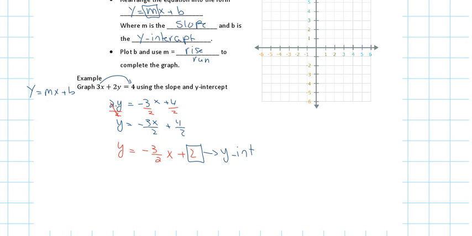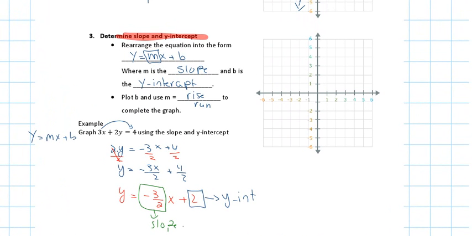Remember, we said that the m is the slope and b is the y-intercept. Look at this. Y equals, instead of m I have negative 3 over 2, x plus, instead of b I have 2. Do you guys see that? Do you see the similarity here?